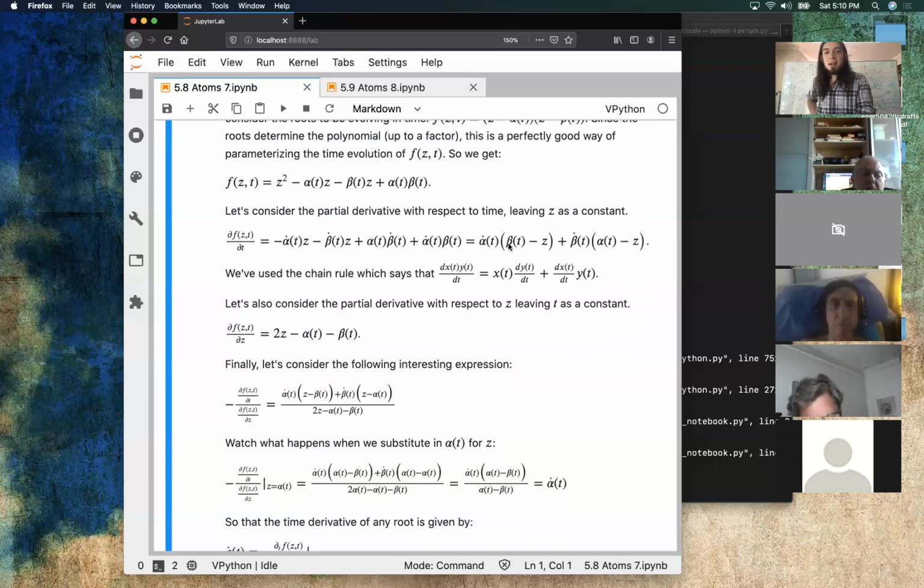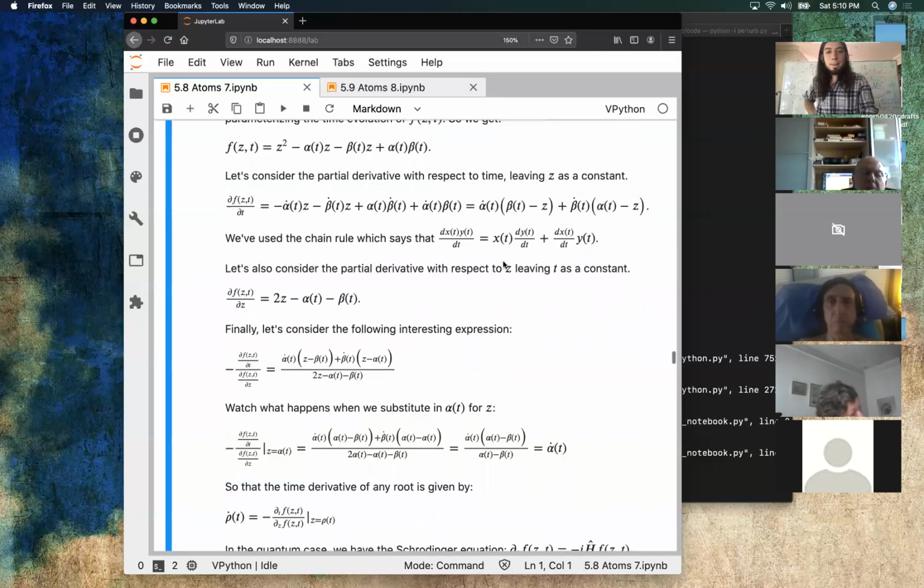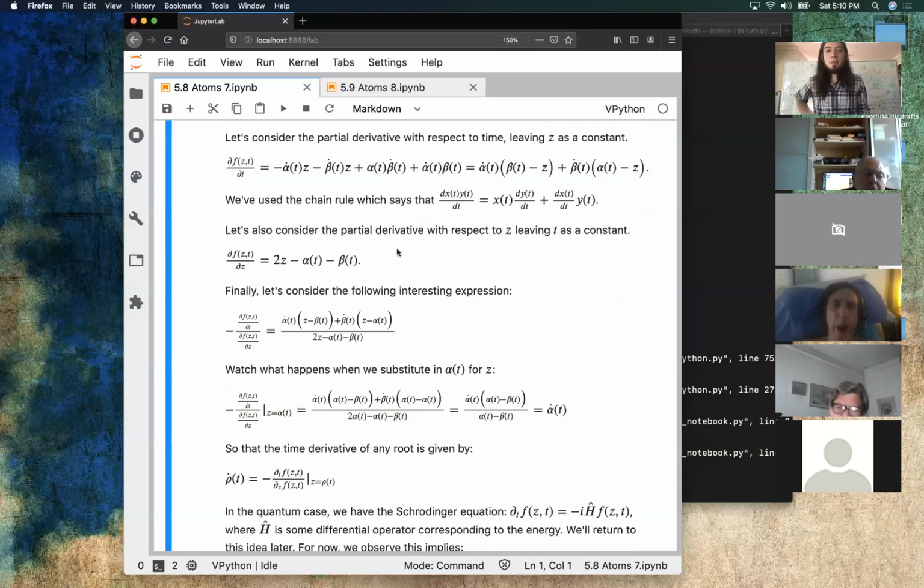You fiddle around a bit and you get the change in time of alpha times (beta(t) - z) plus the change in time of beta times (alpha(t) - z), where we've used the chain rule. So we have our polynomial f(z,t), and we take its partial derivative with respect to time. But we could also take the partial derivative with respect to z. When we do that, we just get 2z - alpha(t) - beta(t).